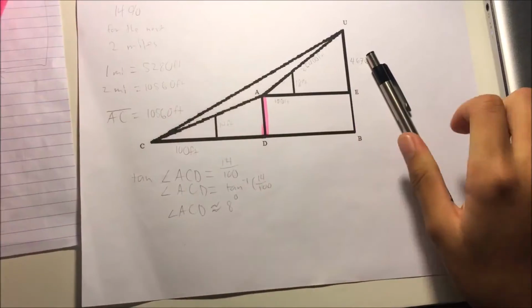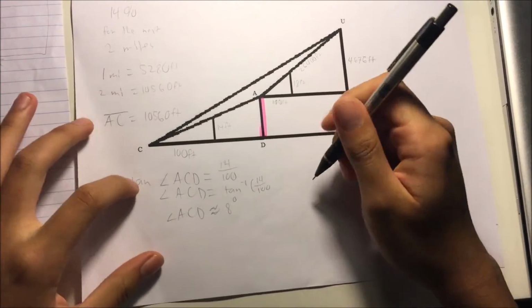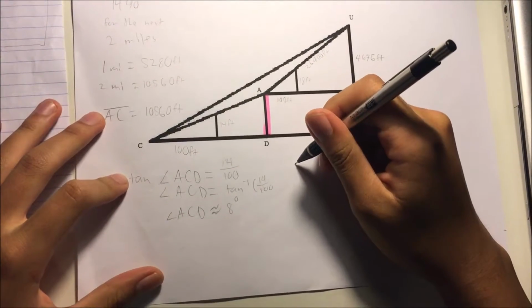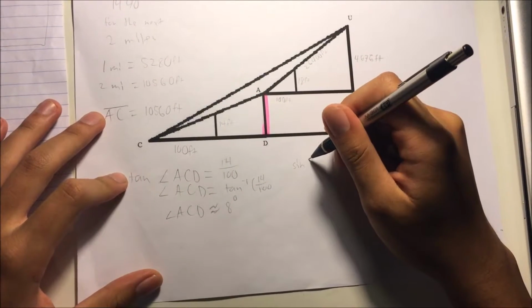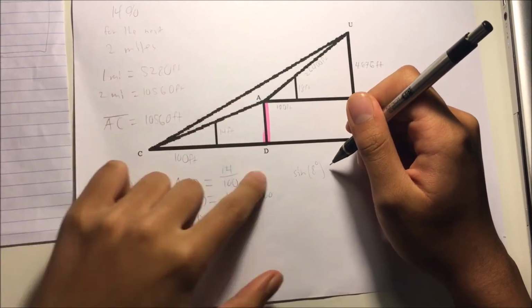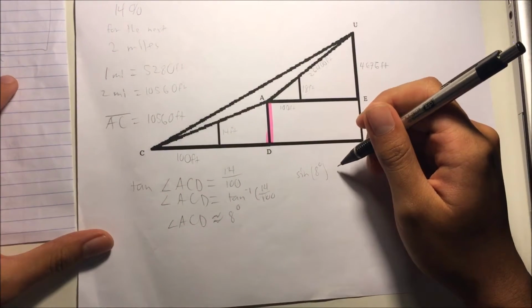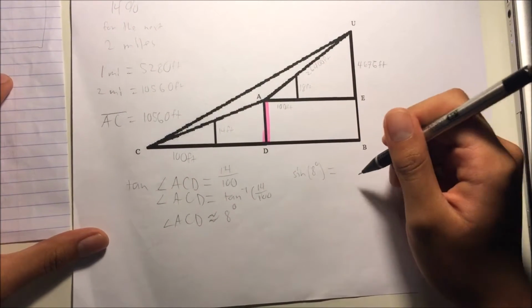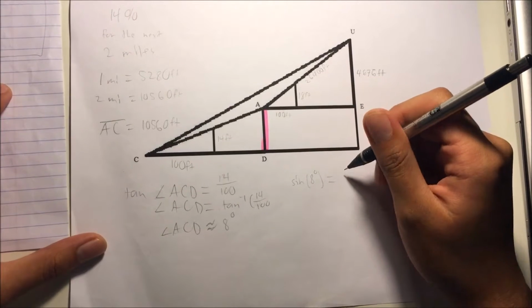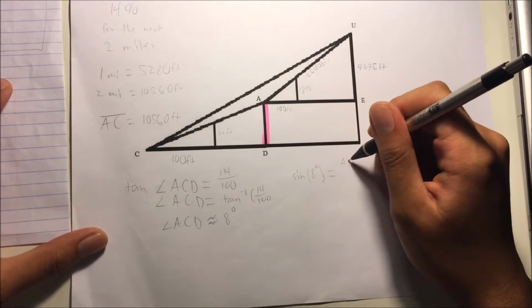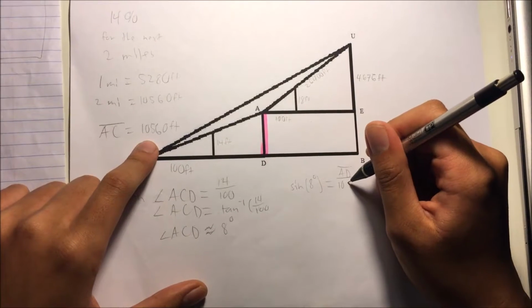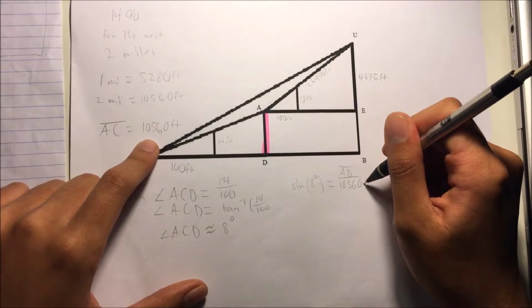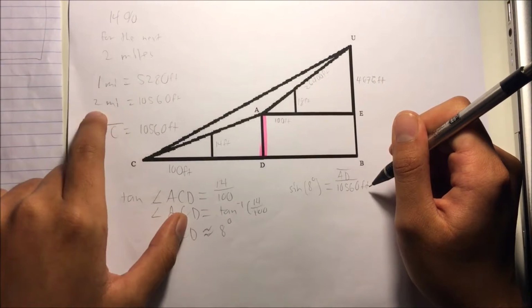Okay, so now we're going to find the length of line AD, which is highlighted in pink to make it easier to see. We're going to take the sine of the 8 degrees, the angle we found earlier, of ACD, and use the trig ratio of opposite over hypotenuse, so that's going to be line AD over the previous value, 10,560 feet, which is actually just 2 miles.